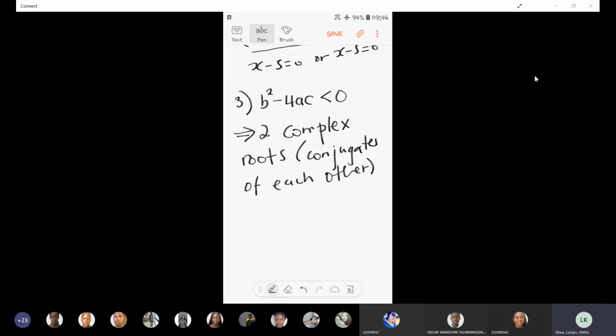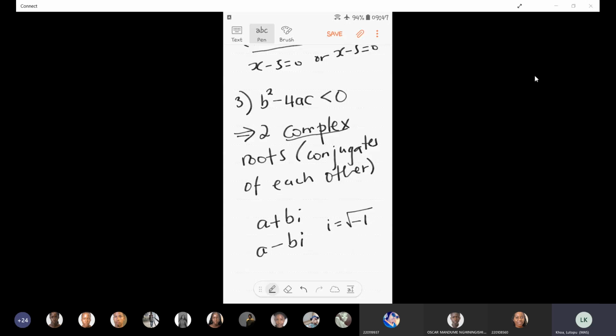Okay, so complex, that means they are not real numbers. And conjugates, if you remember, when I have a plus bi, the conjugate of that is a minus bi, right? So remember all of that, where i is equal to the square root of minus 1.